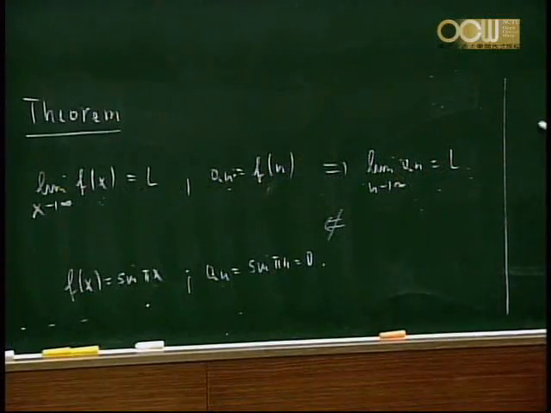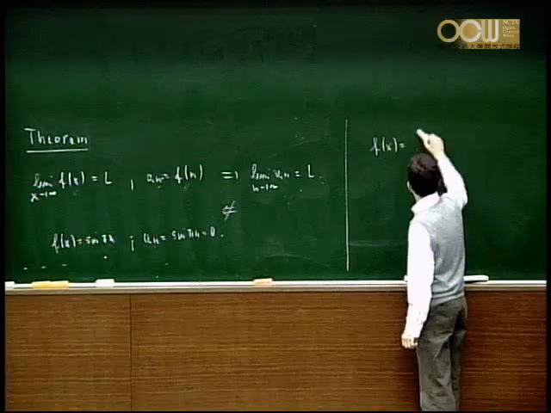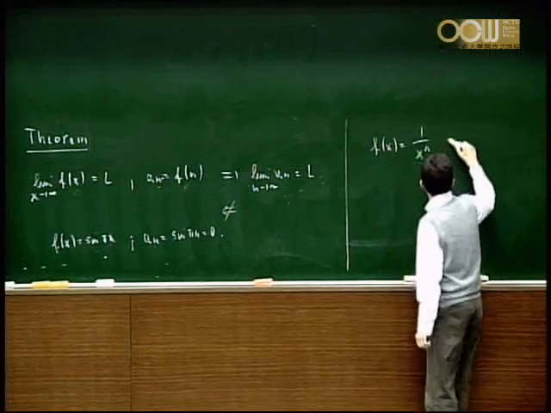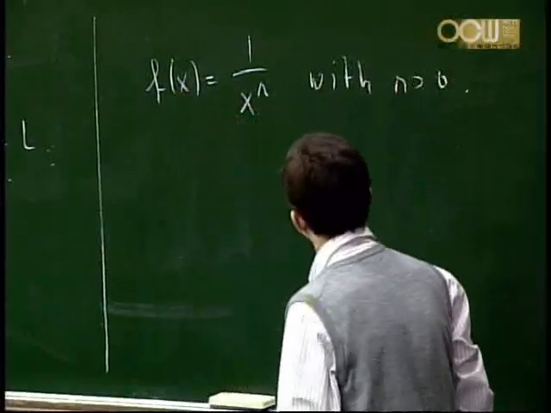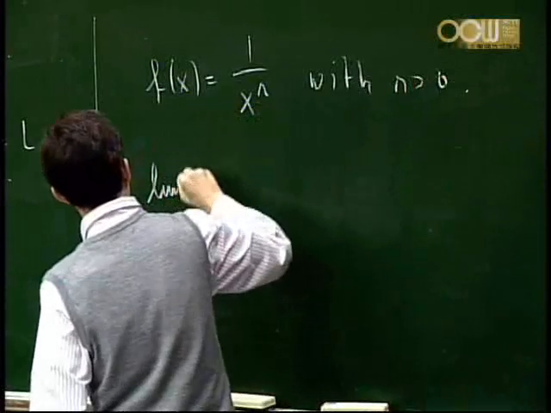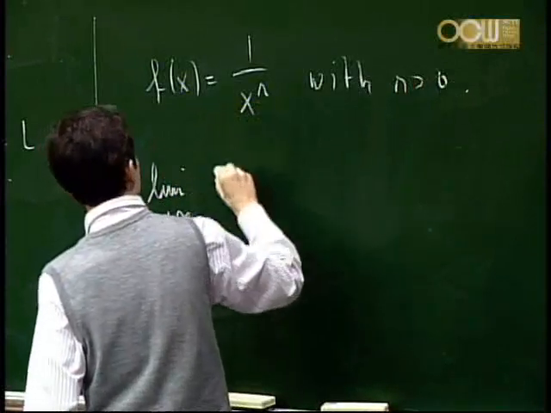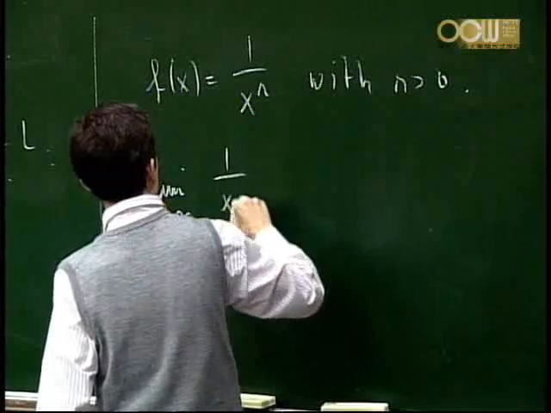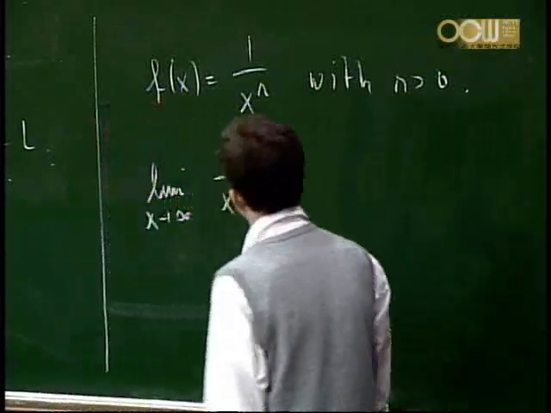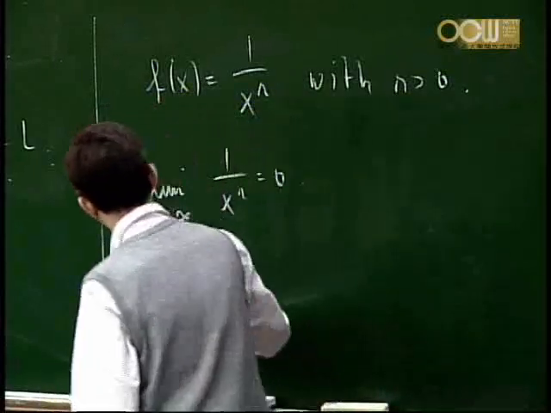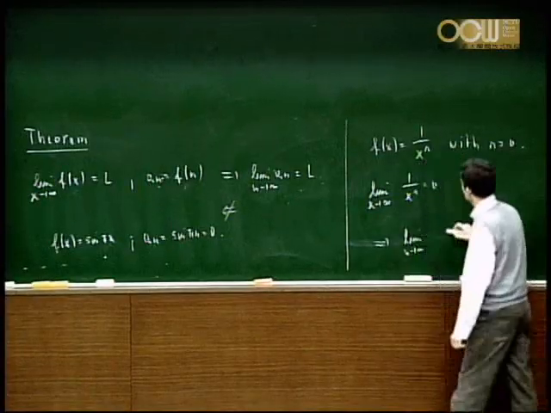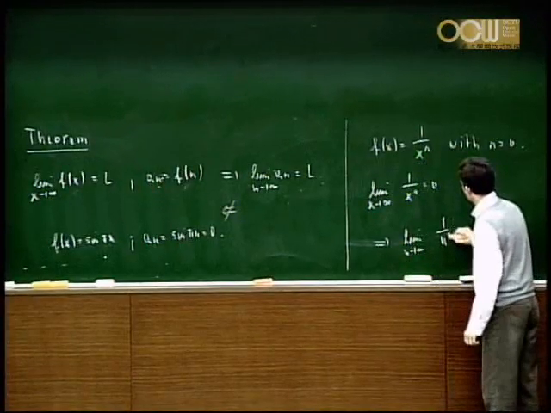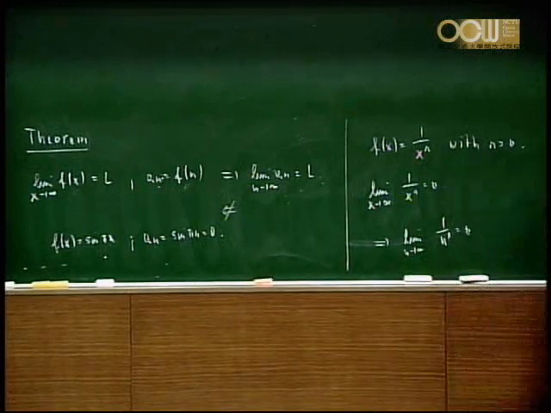So for instance, if you look at the function f of x equal to 1 over x to the r, with r larger than 0, then we know already that the limit as x tends to infinity of 1 over x to the r is equal to 0. So we can use this theorem, and we see that the limit as n tends to infinity of 1 over n to the r is equal to 0 as well.